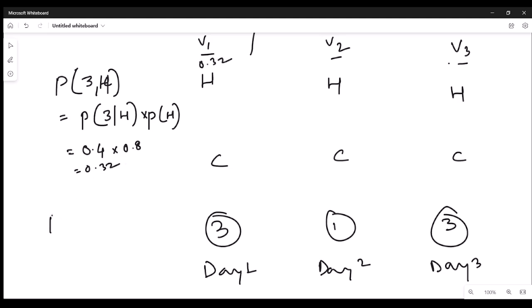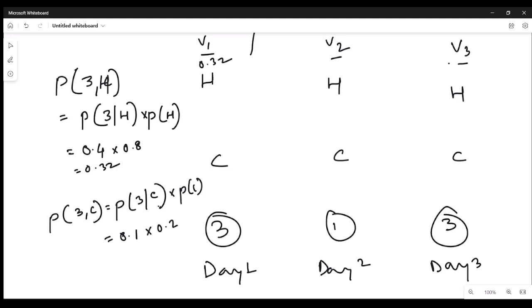Similarly, we calculate the probability of 3 comma c. That means P of 3 given c into probability of c. Now from the transition matrix and from the emission matrix, we get the value 0.1.